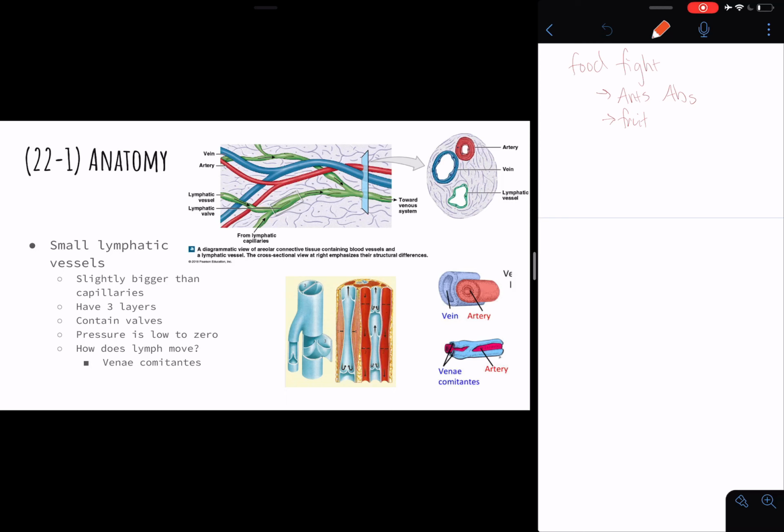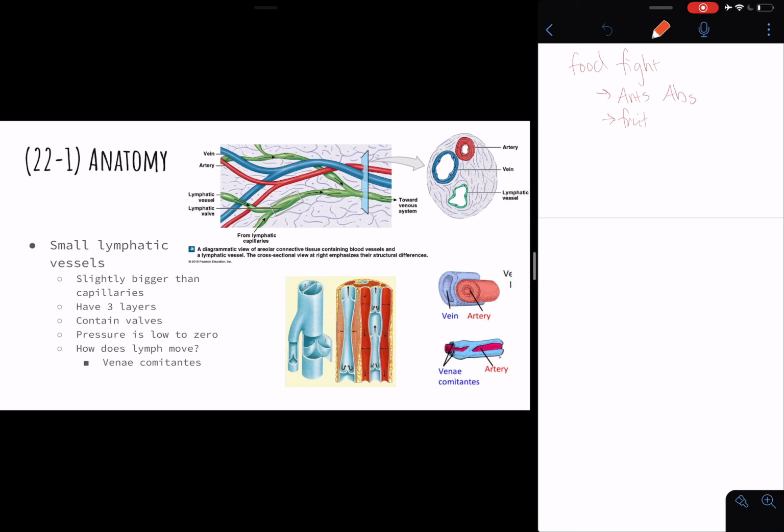But another way we can also do this is through something called a venae comitantes. And this is where we have an artery next to a vein, and the pulsating pressure of the smooth muscle in the artery will actually help push pressure against the vein and nearby lymphatics to help push lymph or blood in whatever direction they need to go.